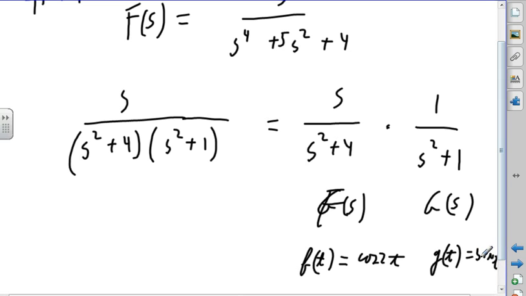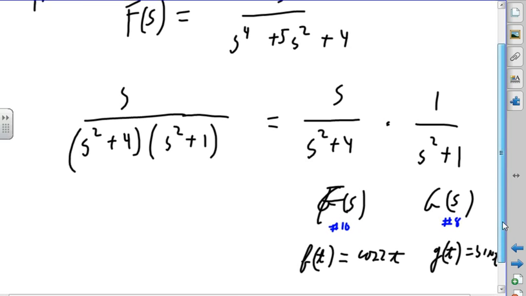Is that not so? Where's my Laplace transform table? I hit it someplace. Yeah, cosine 2t, and yeah, 8 and 10. That's by number 10, number 8 of our Laplace transform table.